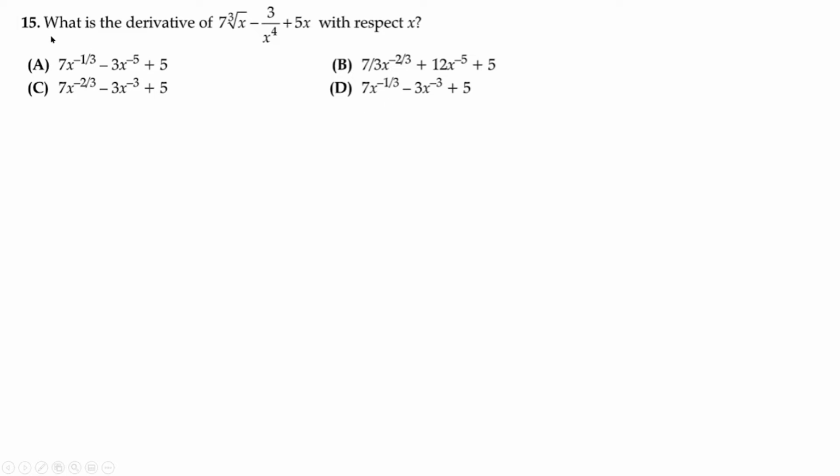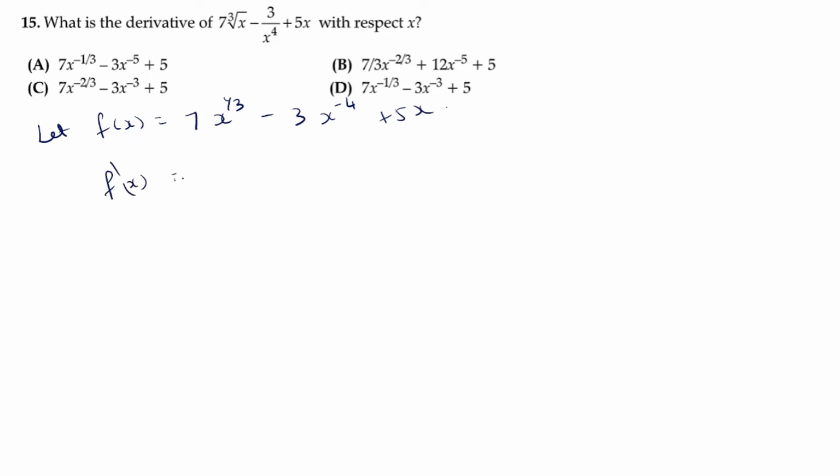The next question, what is the derivative of 7 into cube root of x minus 3 upon x raised to 4 plus 5x with respect to x? So let us take, let f of x is equal to 7 into cube root of x, I'm writing it as x raised to 1 by 3 minus 3 into x raised to minus 4 plus 5x.